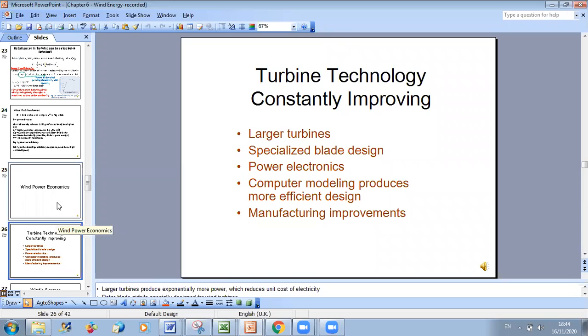So now we will talk about the economics of wind turbines. We have seen that wind is largely available and presents a very important future if we know how to use it. This is why turbine technology is in constant improvement. We are designing larger turbines to produce higher power.